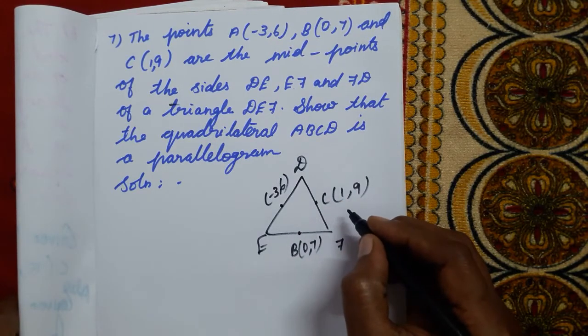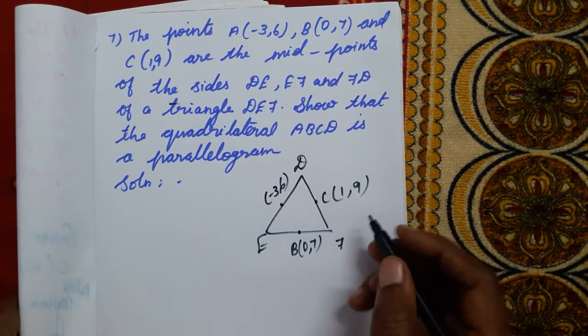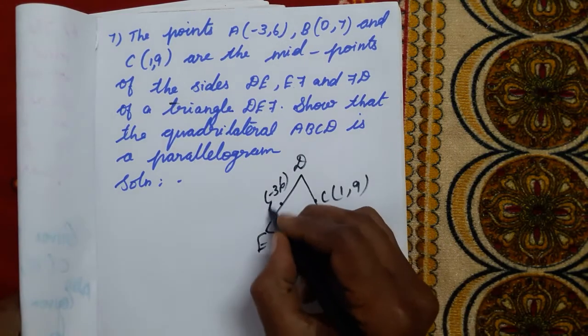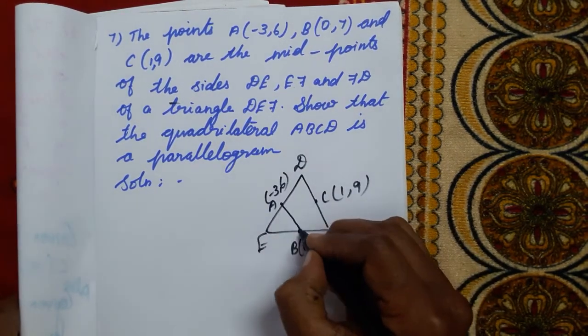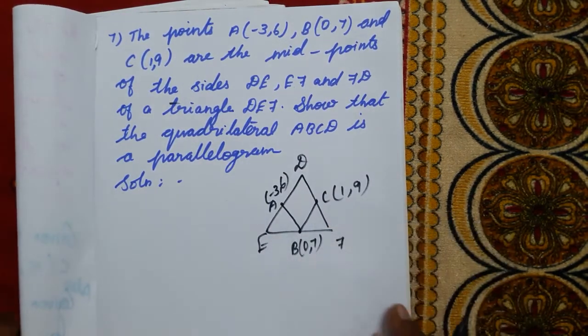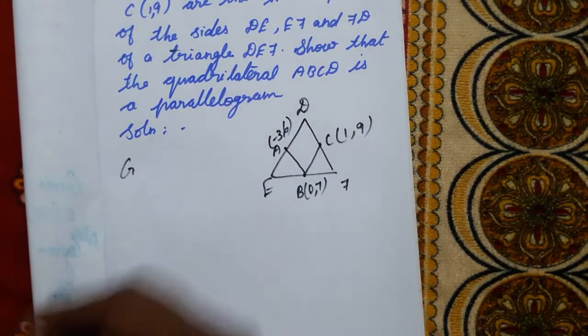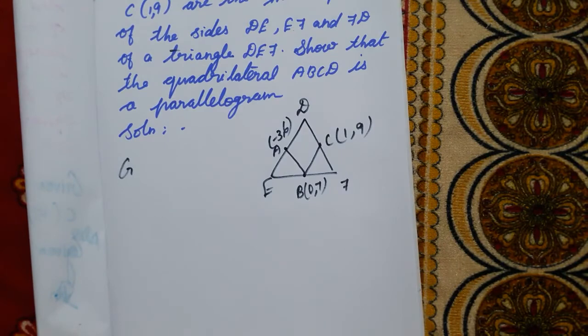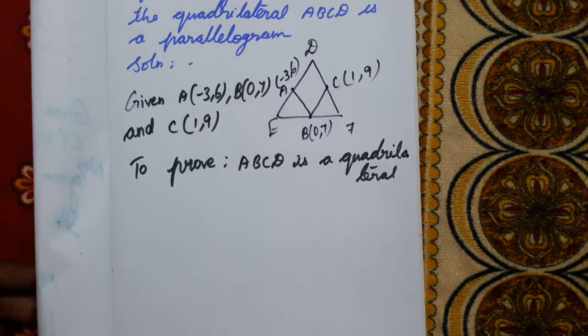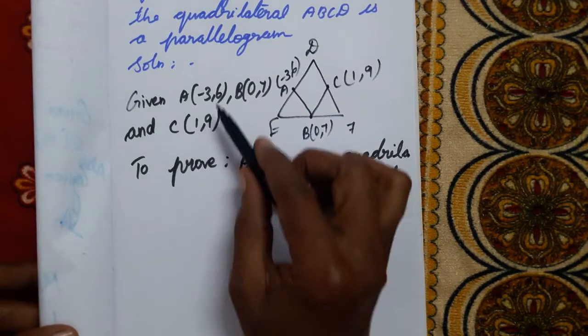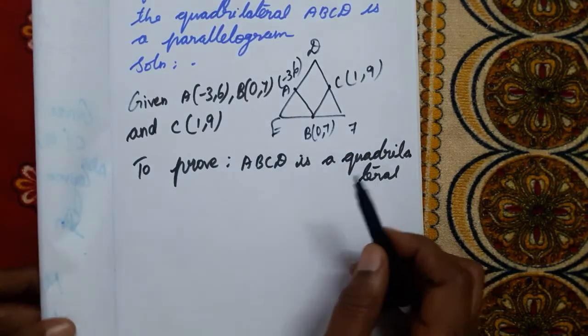We have to prove that the quadrilateral ABCD is a parallelogram.